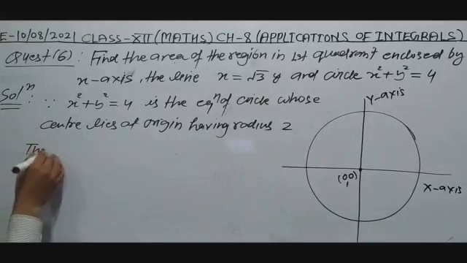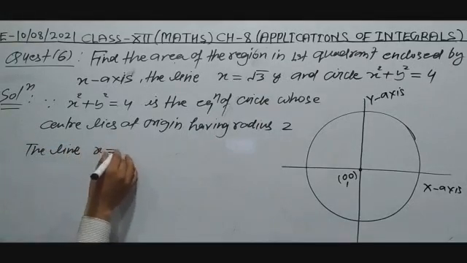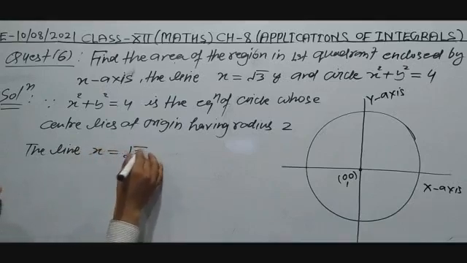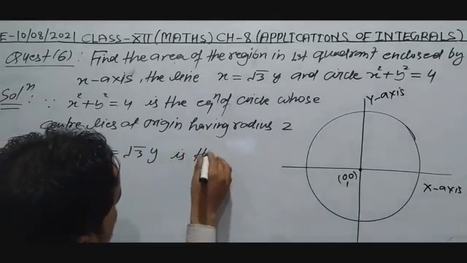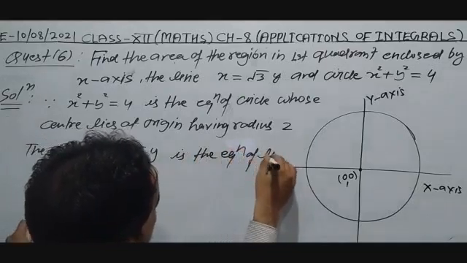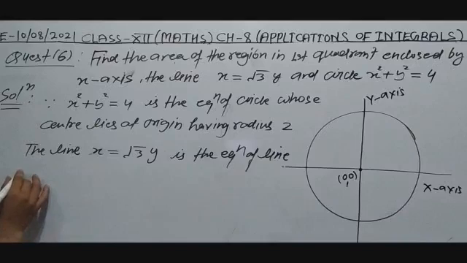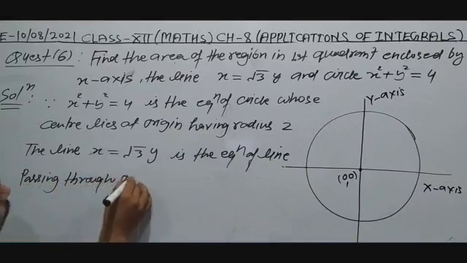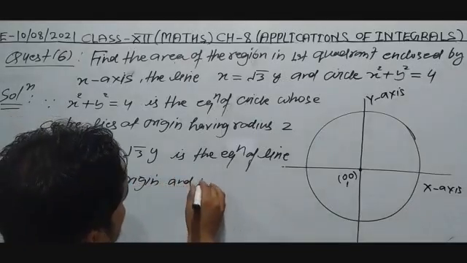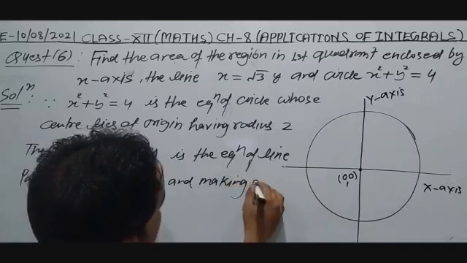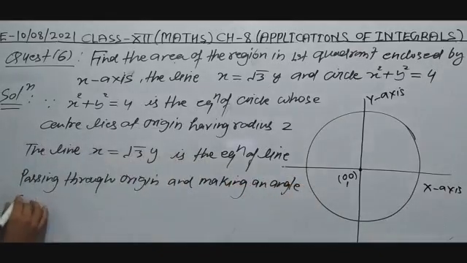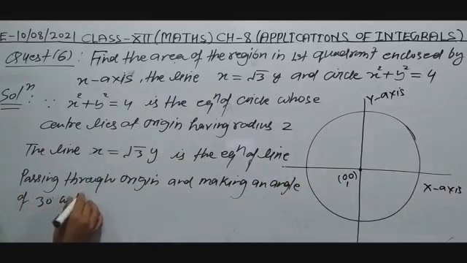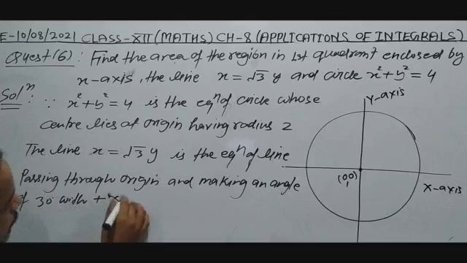So the line x is equal to root 3y is the equation of line passing through origin and making an angle of 30 degree with the positive x axis.